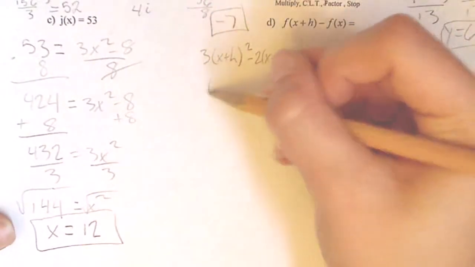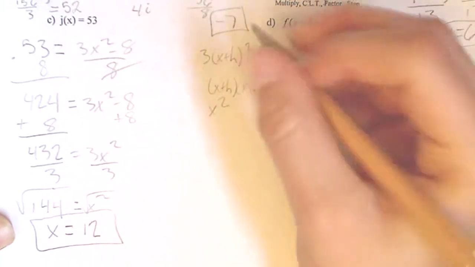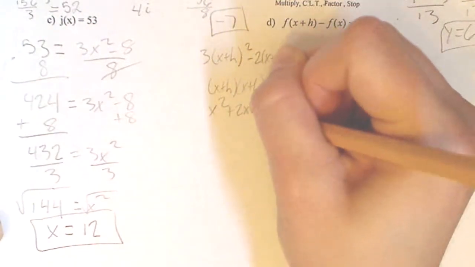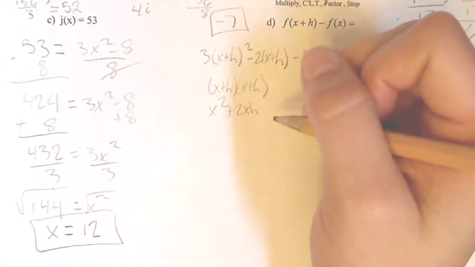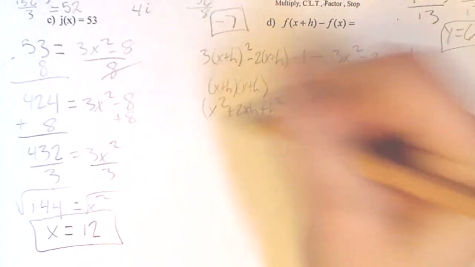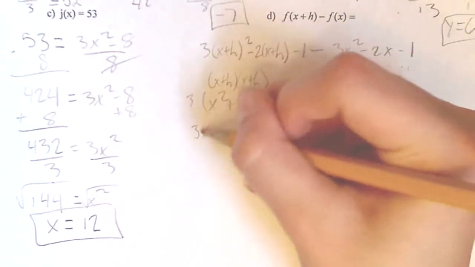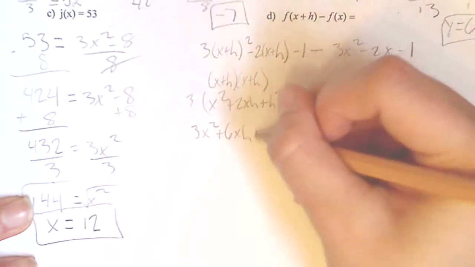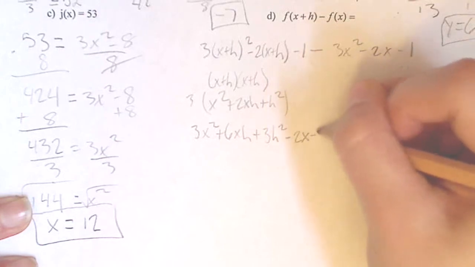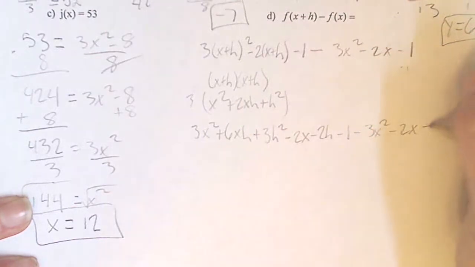So if you FOIL x plus h times x plus h, it gives you x squared plus 2xh plus h squared, and then you multiply that by 3, so you have 3x squared plus 6xh plus 3h squared minus 2x minus 2h minus 1 minus 3x squared minus 2x minus 1.